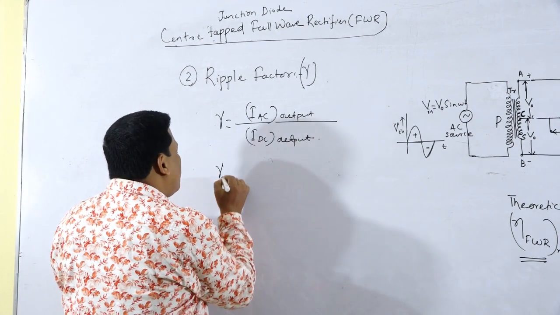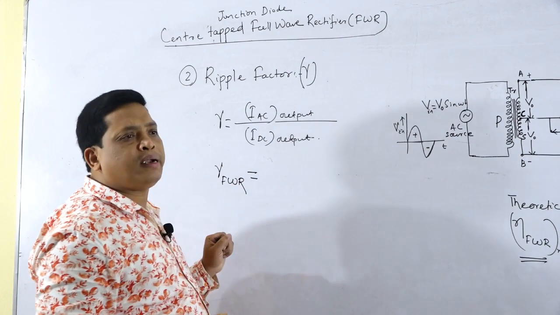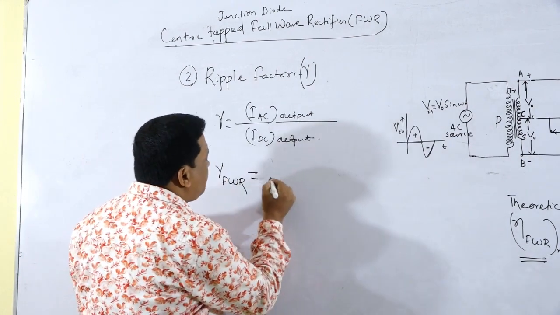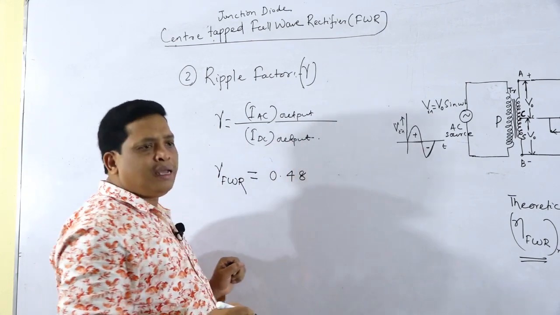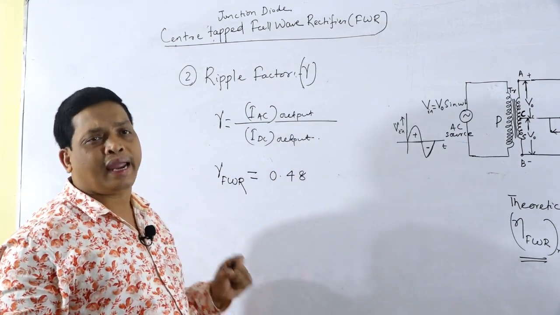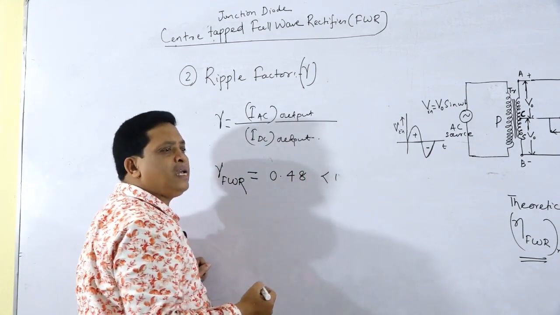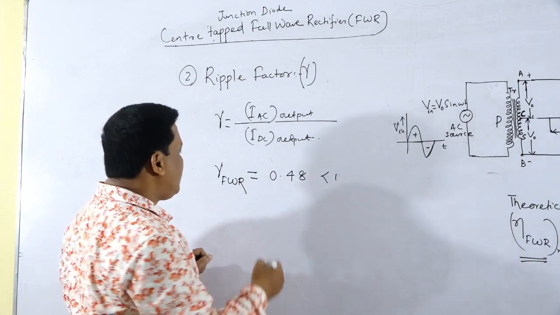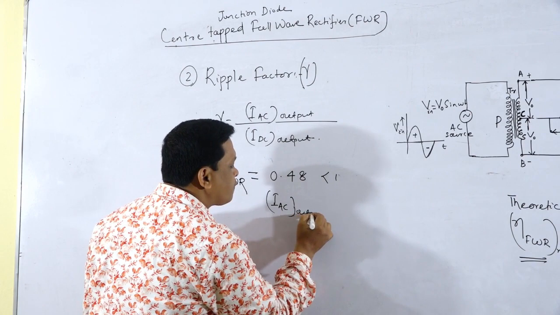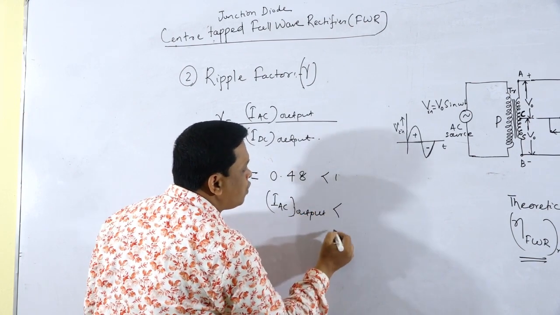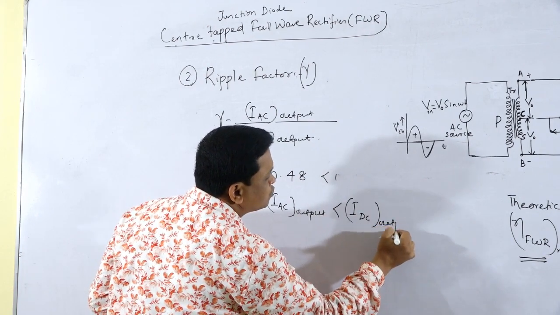Now, for a full wave rectifier, gamma FWR, the ripple factor is 0.48, which is less than 1. It means I AC output is less than I DC output.